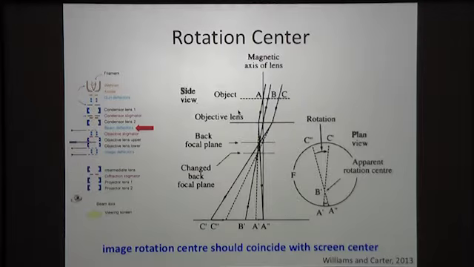So coming from B, it goes to B, and because it's going through the center of the lens, it's actually not changing direction. Now, if we change the focus on the lens, we have a new focal plane, and you'll have a new A spot and a new C spot, but because, again, B is going through the center of the lens, it's not changing position.